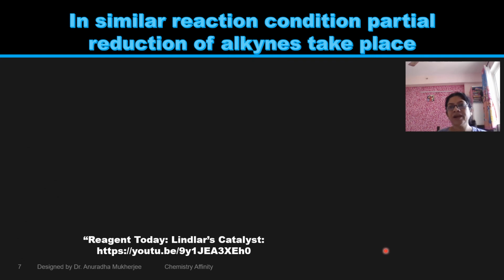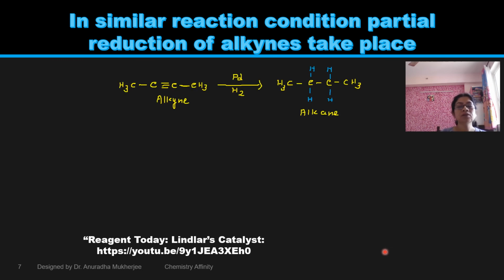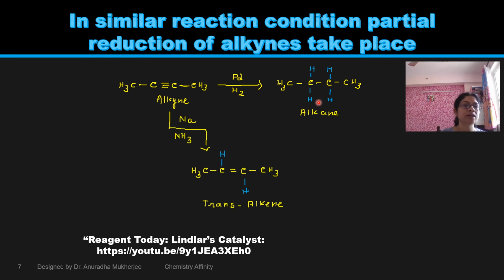In similar reaction conditions, the partial reduction of alkynes takes place. Usually we know that if we use palladium and hydrogen, an alkyne is completely reduced to an alkane. But we can also perform a partial reduction using sodium and ammonia. Partial reduction means the alkyne will convert to an alkene, not an alkane.